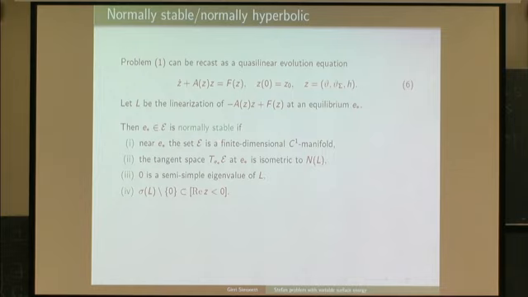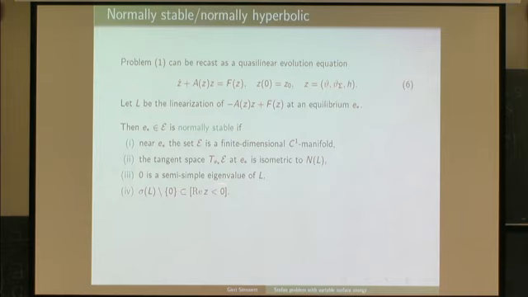This is something coming out of the theory of dynamical systems. What is normally stable? In a general setting, you want to be sure that the set of equilibria really forms at least a C1 manifold. You want to be sure that the tangent space to this manifold has exactly the same dimension as the kernel of the linearization, so all the eigenvalues that you pick up. You also want to be sure that it's semi-simple.